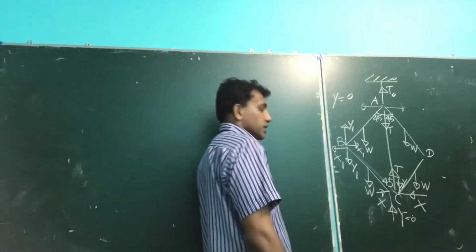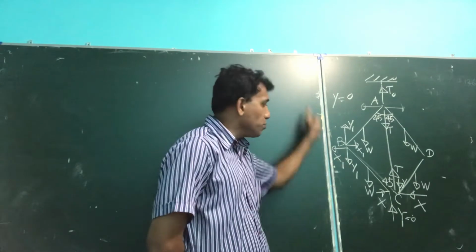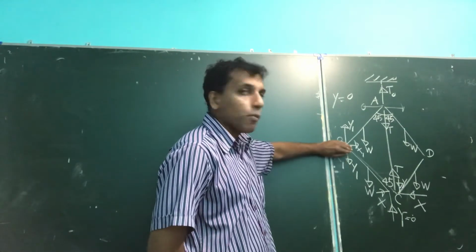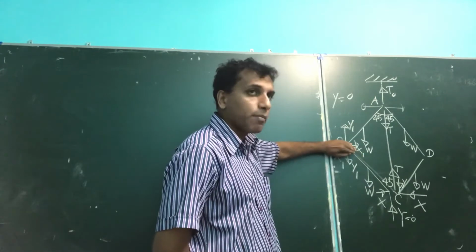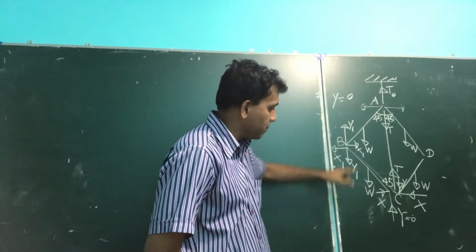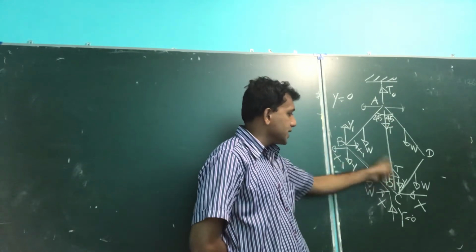See that. For rod BC, take moments about B. What happened? X there, W there, T there, no?